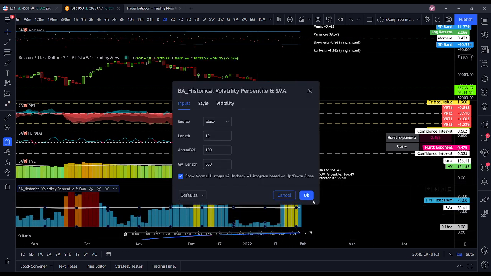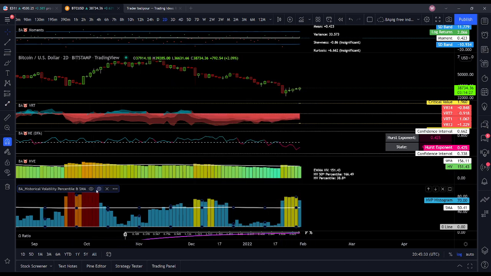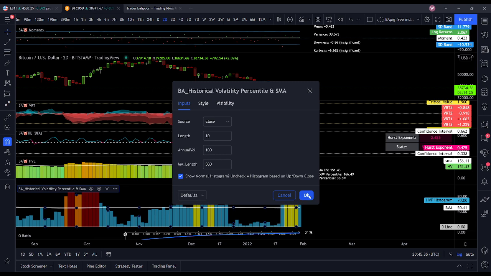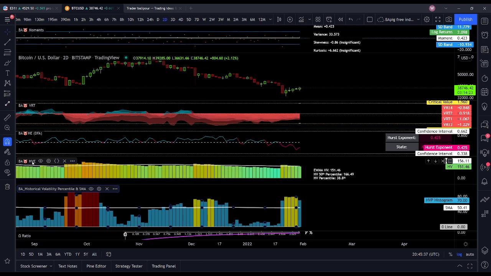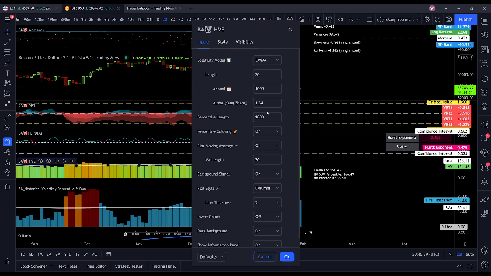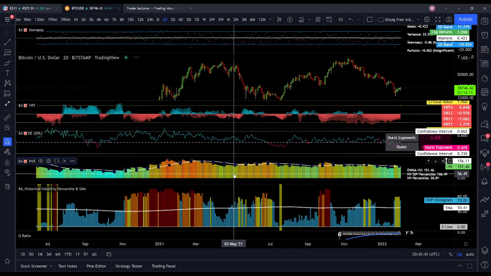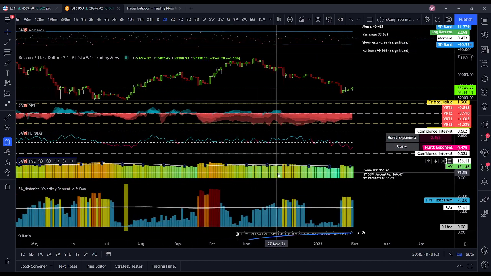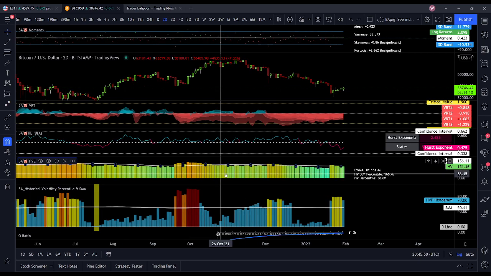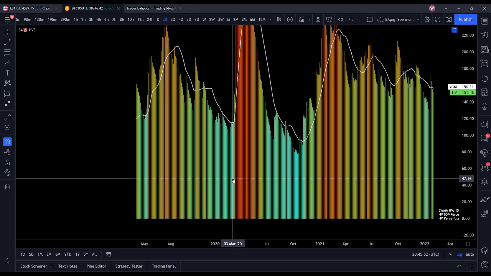If we wanted to, well, that's why I have the HVP set here on a lower sample than the historical volatility estimator over here. So this is going to take our long-term volatility into account. The only thing I don't like about this is that I'm not seeing a lot of flashes.